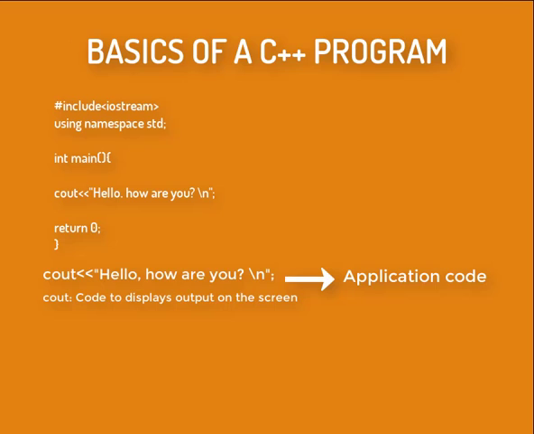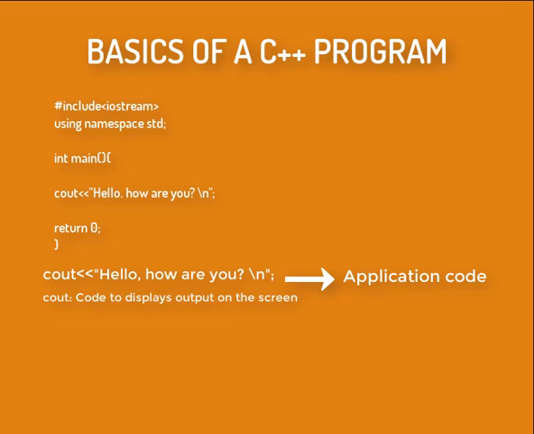cout is code in C++ to display output on the screen. What this really tells the compiler is that whatever follows after the two angle brackets, the stream insertion operator, should be displayed on the screen exactly the way it is. cout is available to us because of, if you may remember, #include iostream.